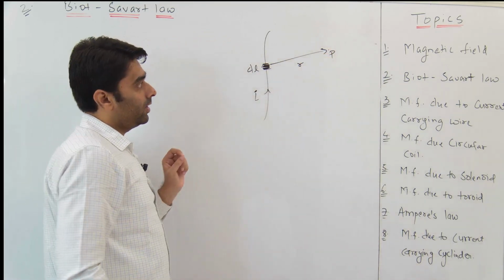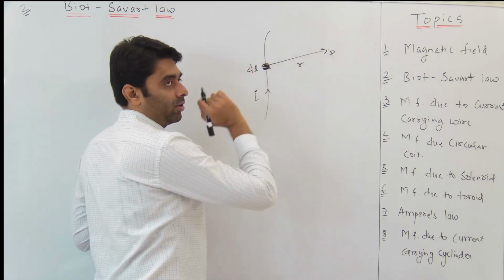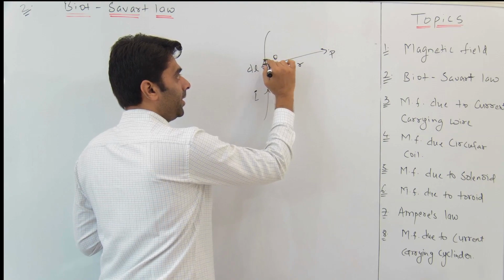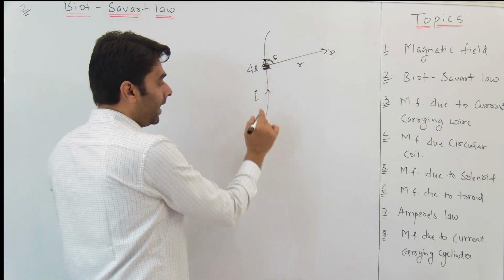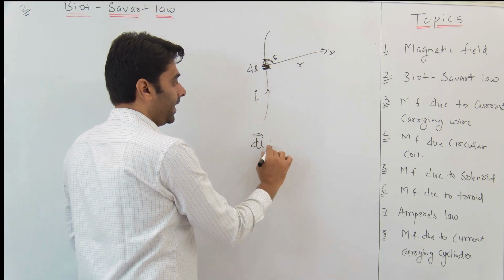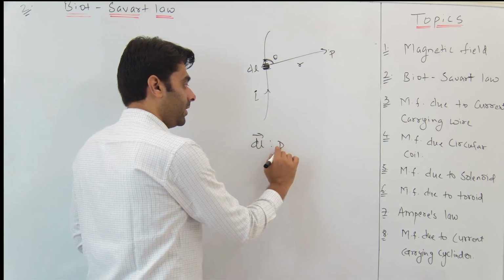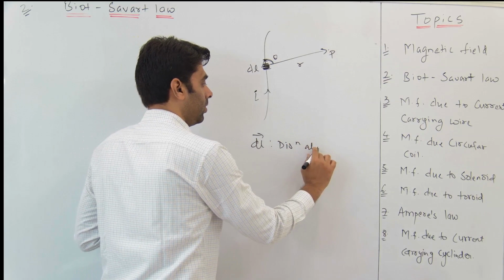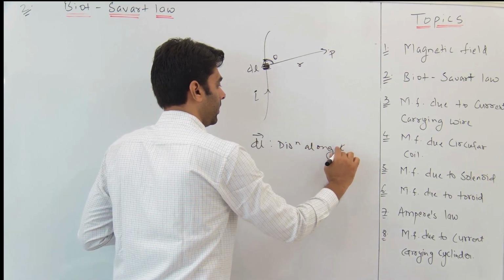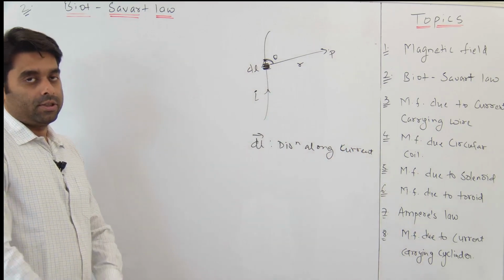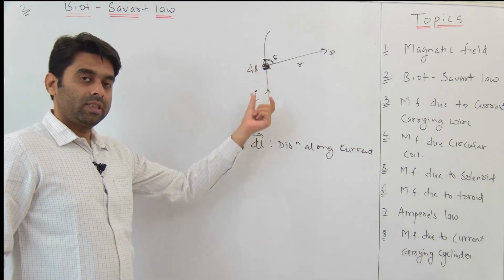This r, the position vector of point P, is making an angle of theta with the current element, and dl, this current element direction, is always taken as the direction of current.